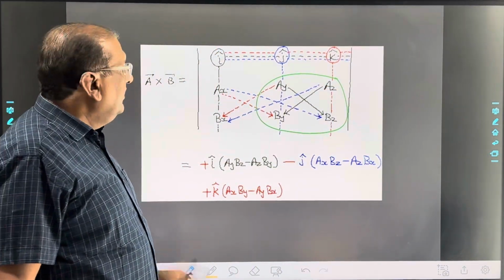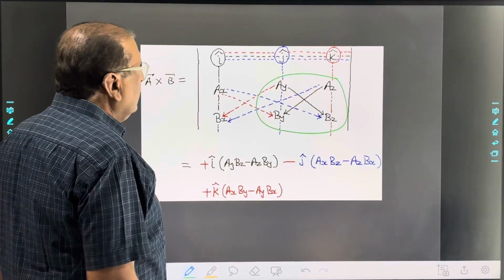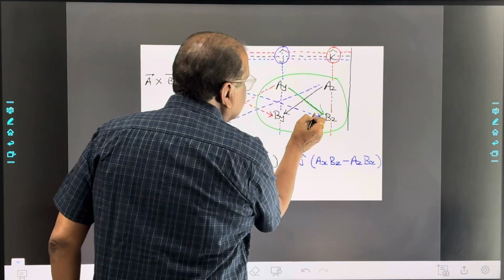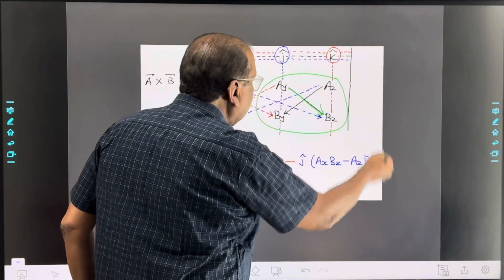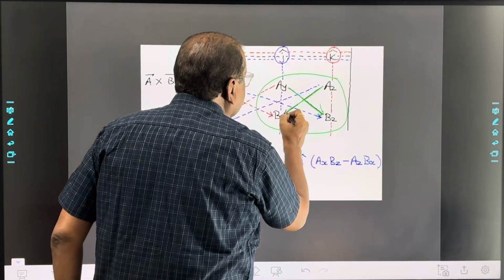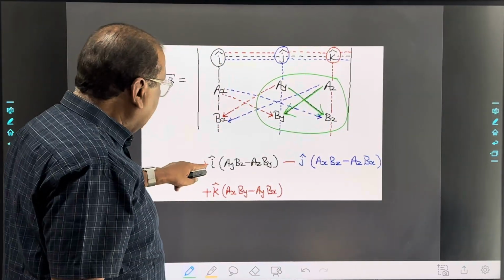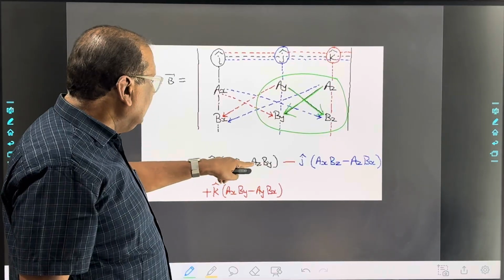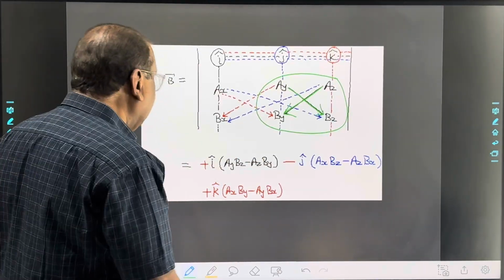Then we have to take the product of this one, AY BZ on right side, then minus AZ BY, like this. Clear? So I caret into AY BZ minus AZ BY, right?